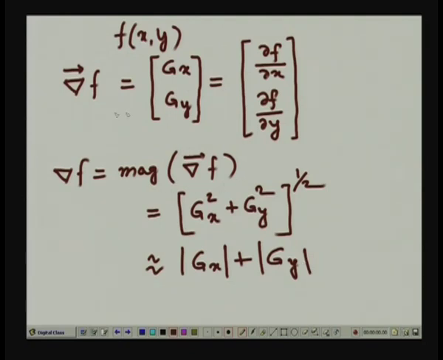So, this magnitude of the gradient, whether I take this or the approximation, tells us what is the strength of the edge at location (x,y). It does not tell us anything about what is the direction of the edge at point (x,y).